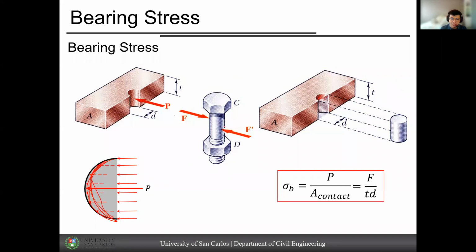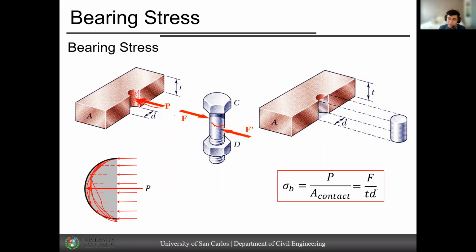In shear, let's say your failure in the material will be coming from the bolt. But what if the bolt doesn't fail? The bolt is very strong, but it will create some deformation or some stress on the material that it is supporting. Since it presses against the material here, the circumferential area of the bolt's pressing on that specific area would be the contact force, or the area of contact of your stress.